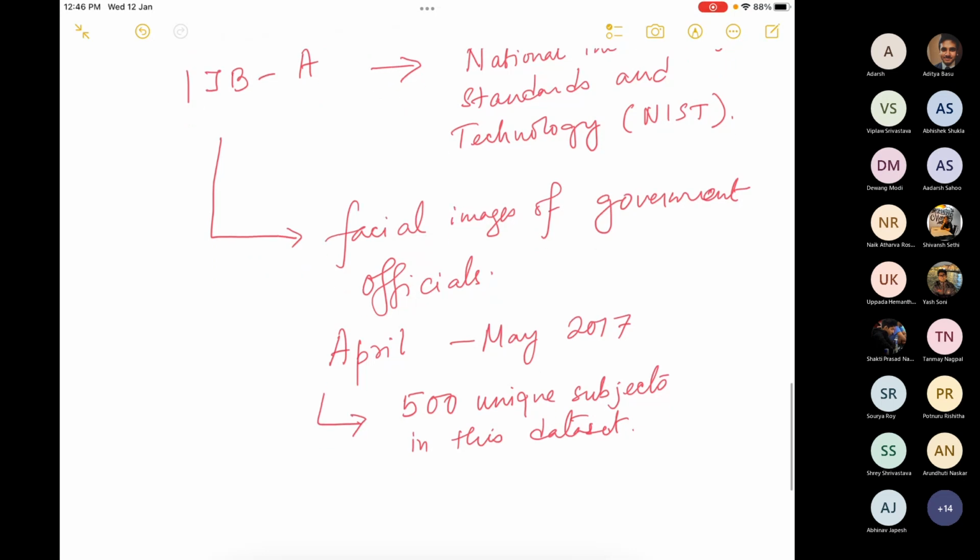So this was the first benchmark that the authors thought would be useful for their experiments.